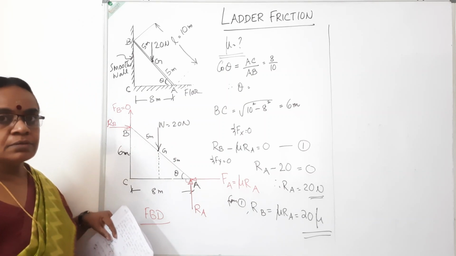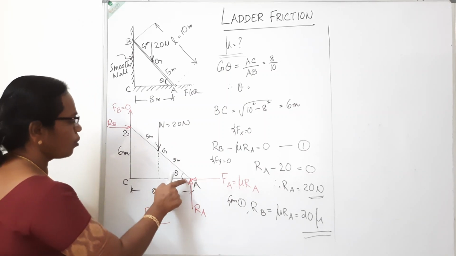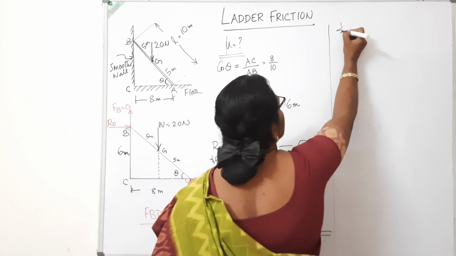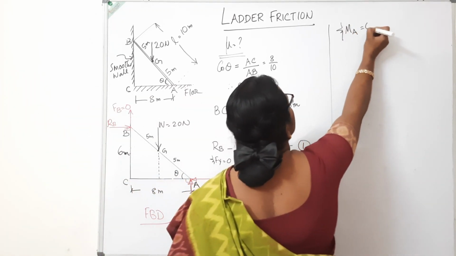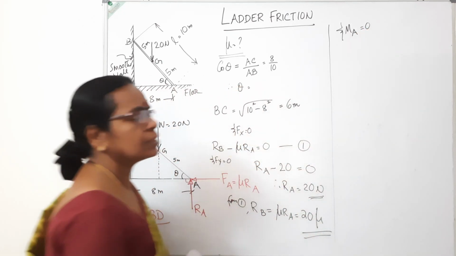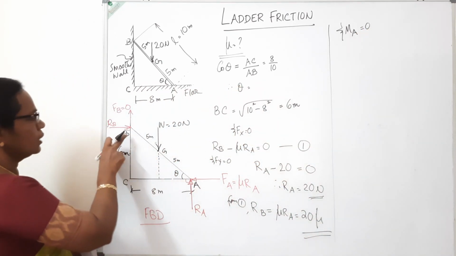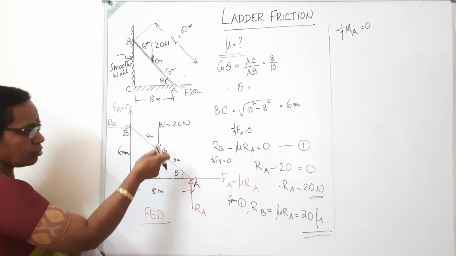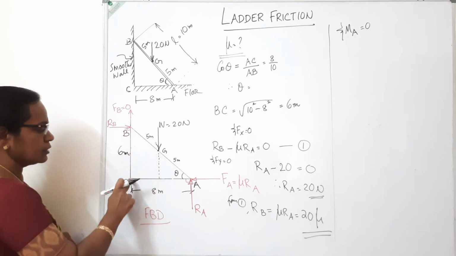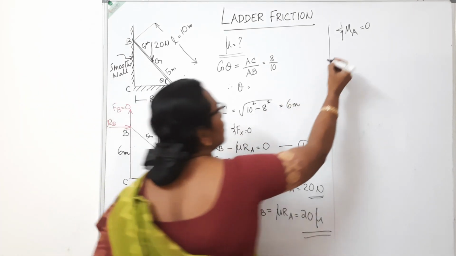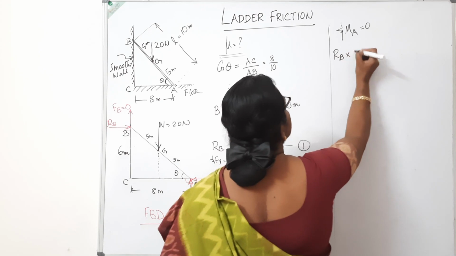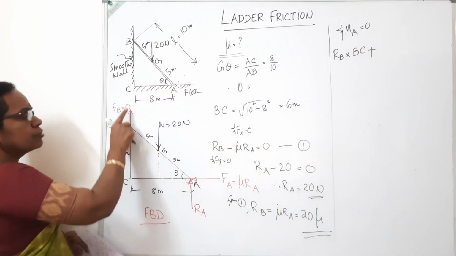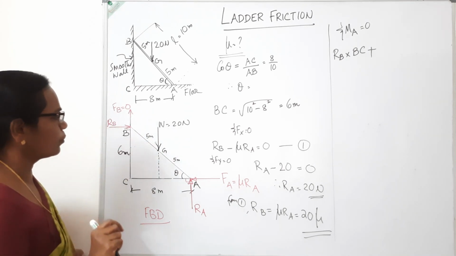Okay. Next, we take moment of all the forces about A and equate it to 0. Sigma MA is equal to 0. Moment about A, RB. This is the direction of RB. About A, it rotates clockwise. RB into perpendicular distance, that is BC. RB into BC plus, there is no friction at B, so it will not produce any moment.